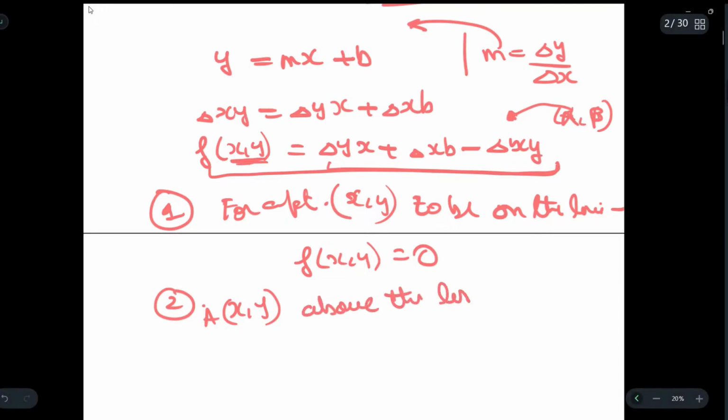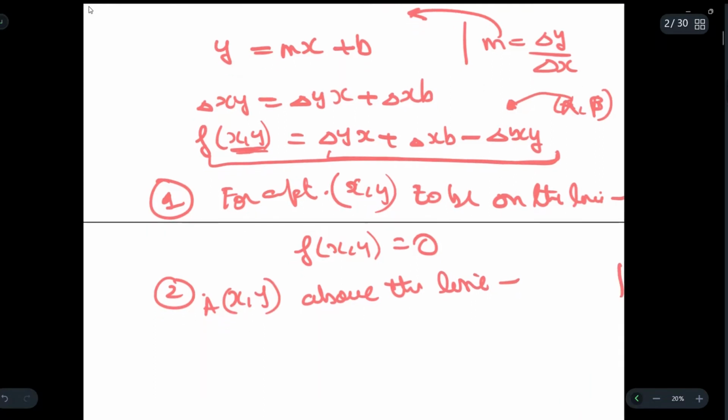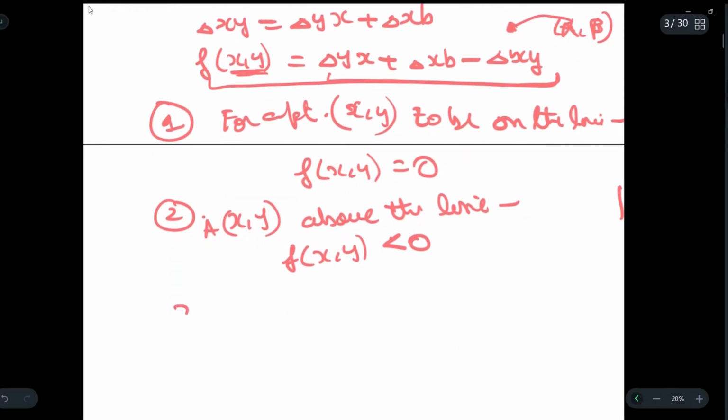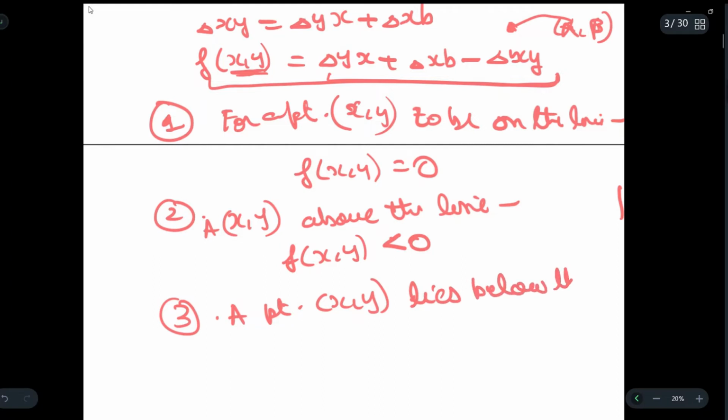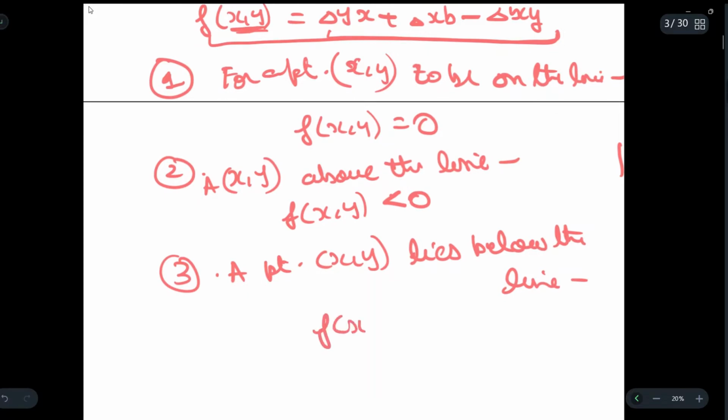So in that case, the value of the function f(x, y) will be less than 0. Now similarly, if a point, say a point (x, y), lies below the line, then the value of f(x, y) will be greater than 0.